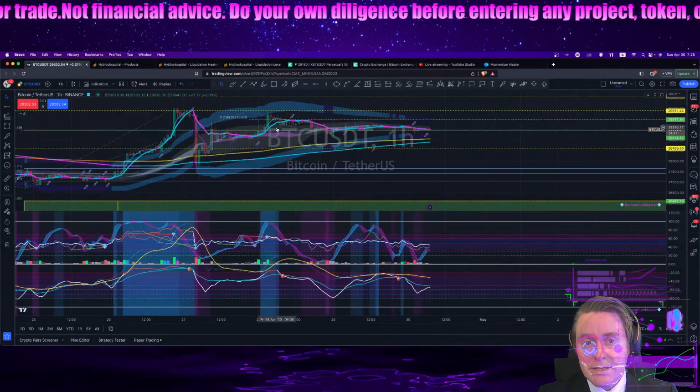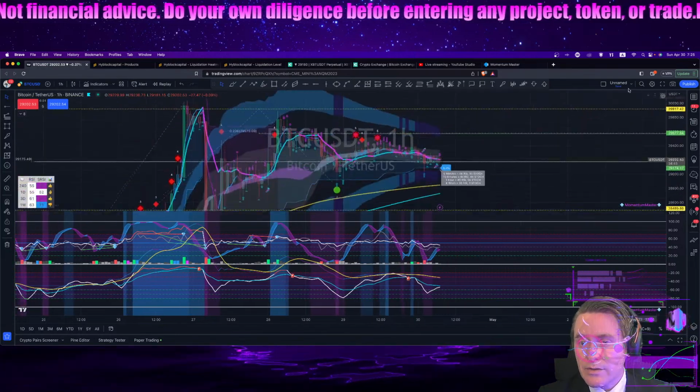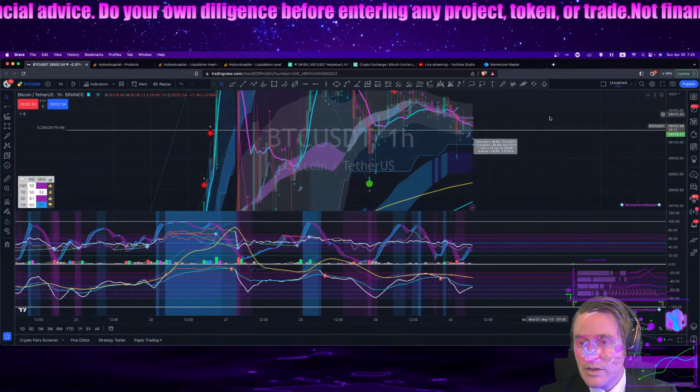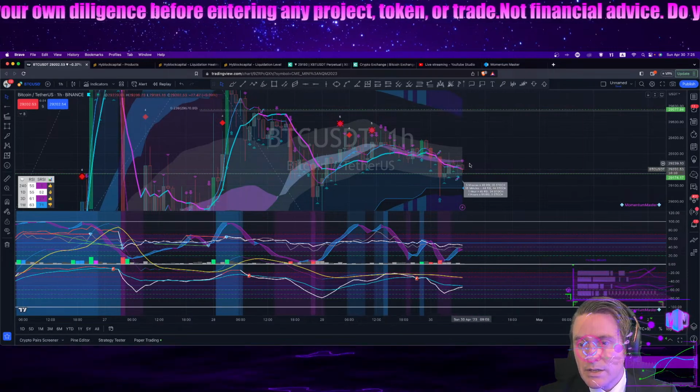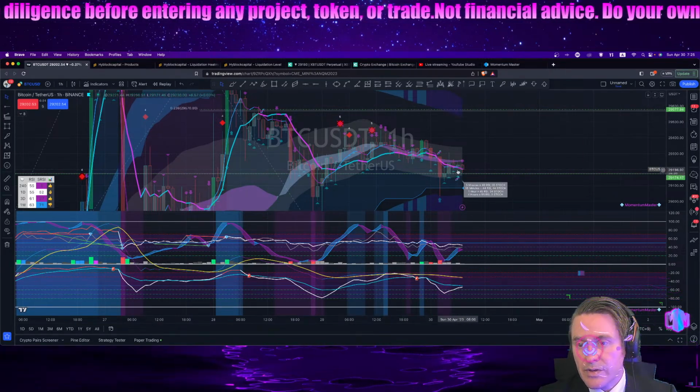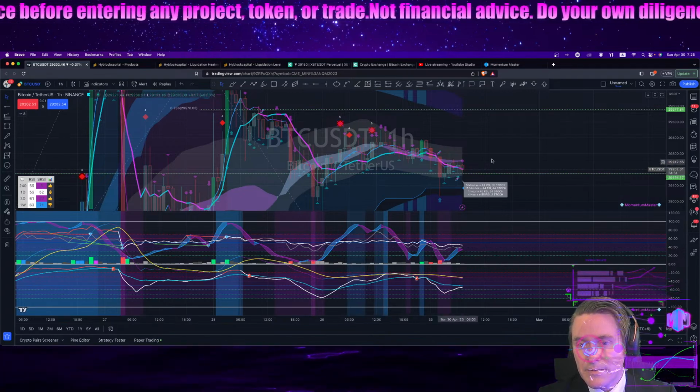Okay, so the hourly time frame is kind of meandering around and providing you with this idea of a bearish retest of the cloud, but the cloud is kind of thinning with a slight cross up here.